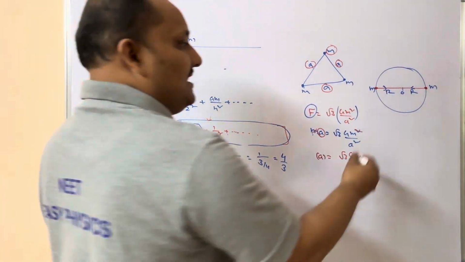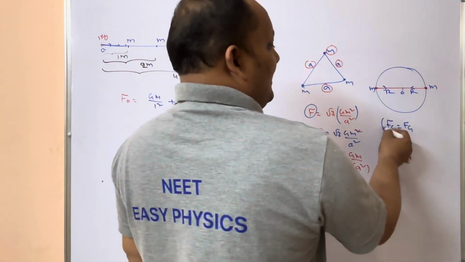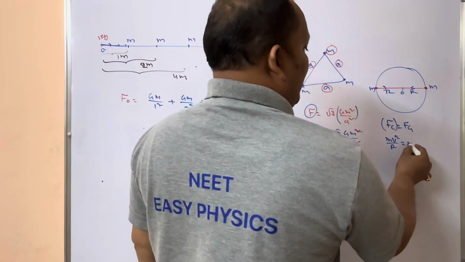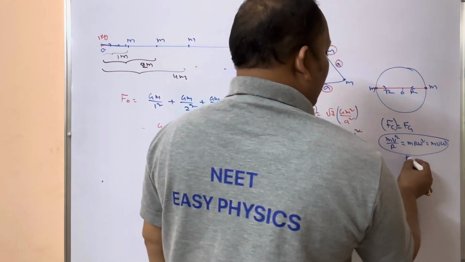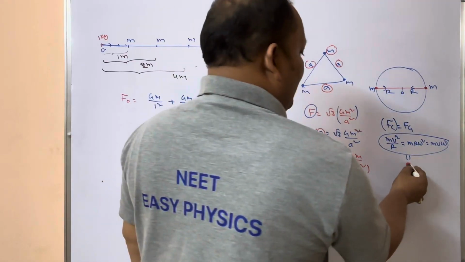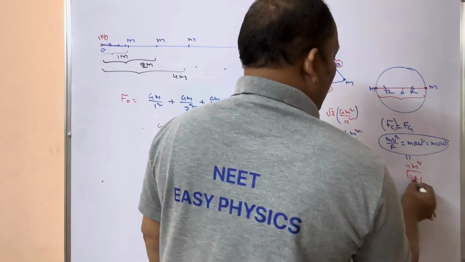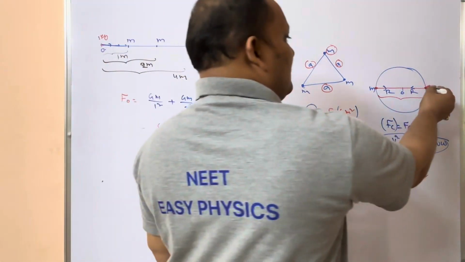Centripetal force. The centripetal force is provided by gravitational force. What is the centripetal force formula? We have three formulas: mv square by r, m r omega square, m v omega. This centripetal force should be equal to gravitational force Gm square by, what is the distance? 2r whole square.